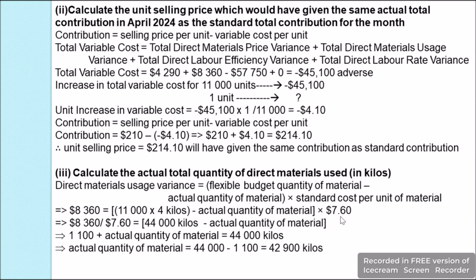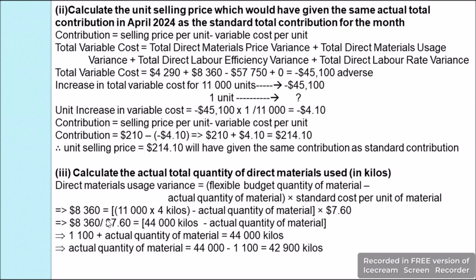So now here this is in multiplication. If we take this to the other side, then it will be in division. That is 8,360 divided by $7.60 will be equal to 44,000 kilos minus the actual quantity of material. Then we get 1,100 and we have actual quantity of material in subtraction here.